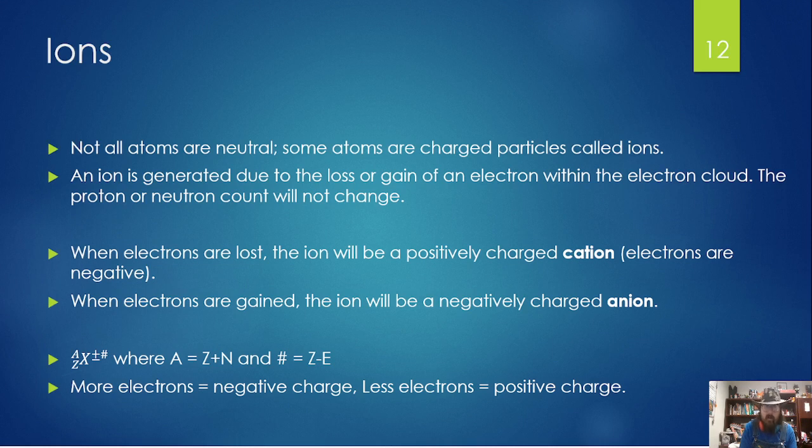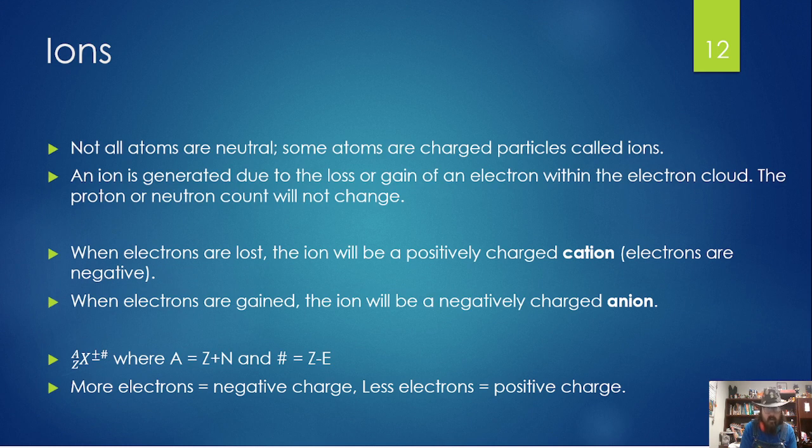So when an electron is lost, an electron is negatively charged, so when we remove a negative charge, we get a positive ion called a cation. When electrons are gained, we are adding a negative charge to something, so it becomes an anion.